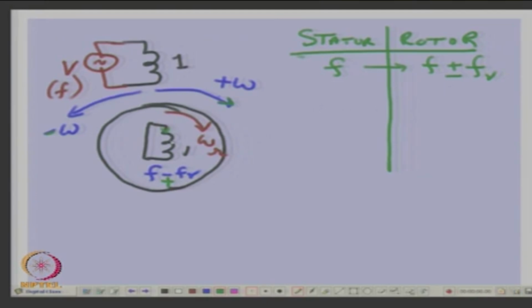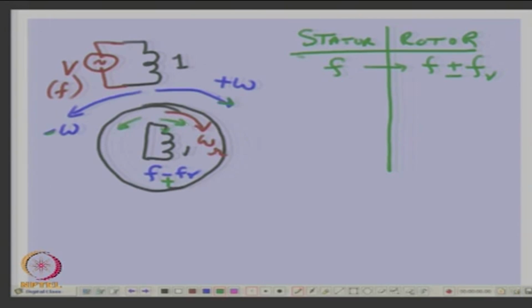There is a current of F minus Fr rotating at omega r, and again this will give rise to two fields with reference to the rotor.